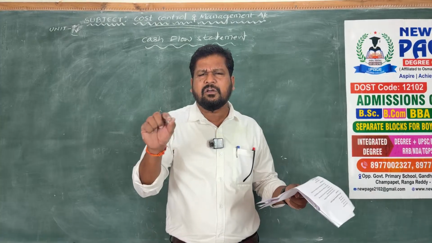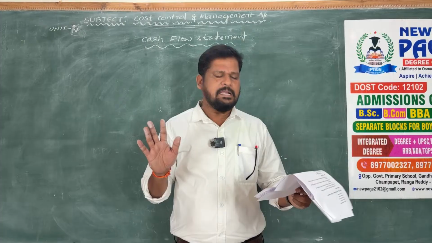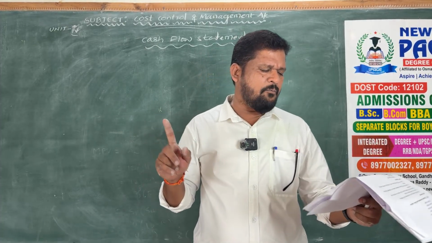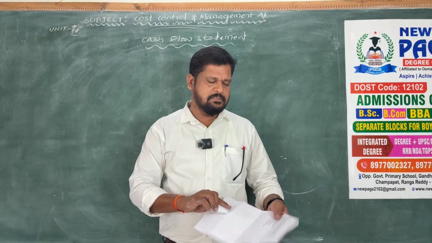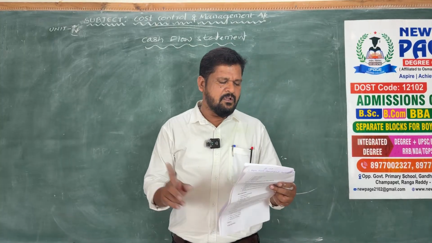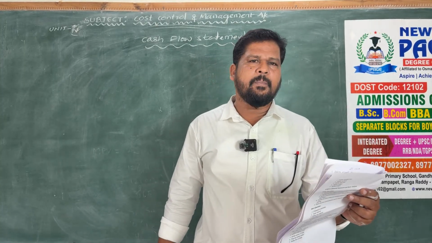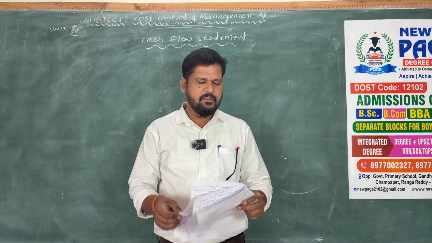Working capital is equal to current assets minus current liabilities. Right? Next one, define sources of funds. What are the current assets? Define flow of funds. In the last unit, short questions: define cash flow statement. What is cash flow? Define operating activities and define financial activities.